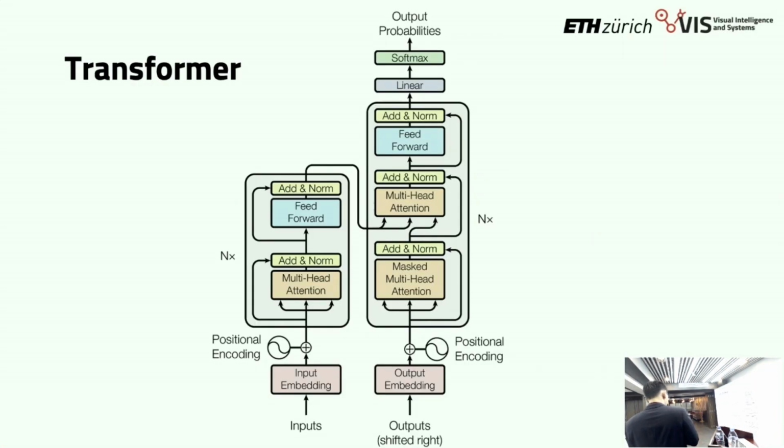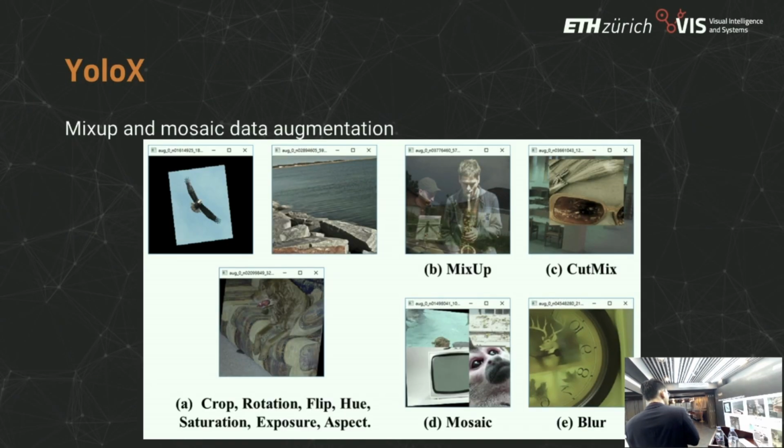For example, we can rotate, crop, flip, or change the color. And even more than that, we can do mixup, basically overlapping two images together, or cutmix, basically cutting one image and pasting it onto another image. And also mosaic, putting images side by side into a larger image, all those things.